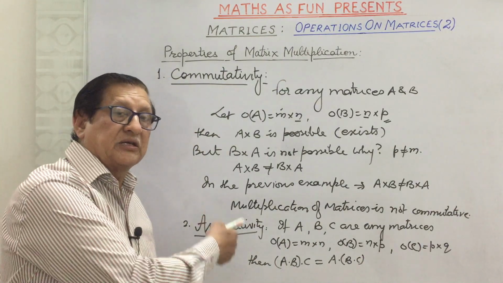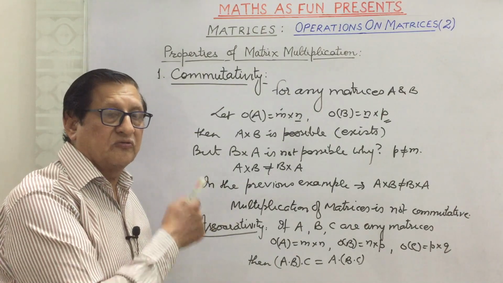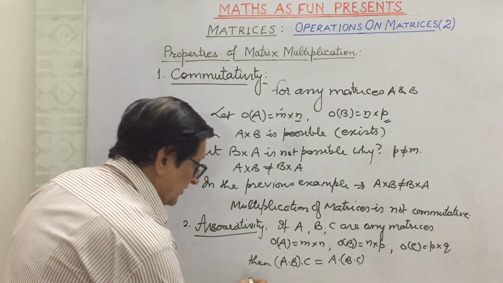This can be seen by taking some examples, and that's why we say that the multiplication of matrices is associative.